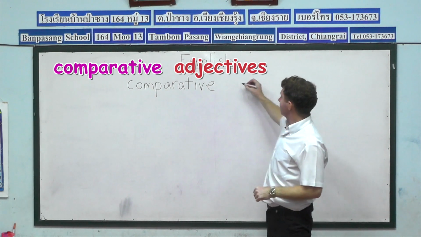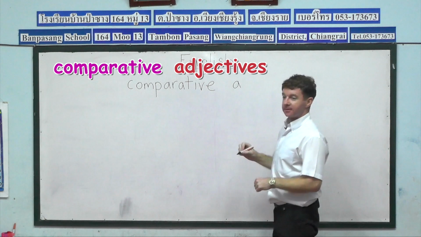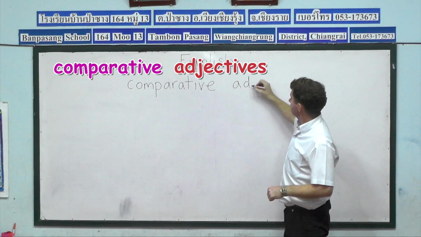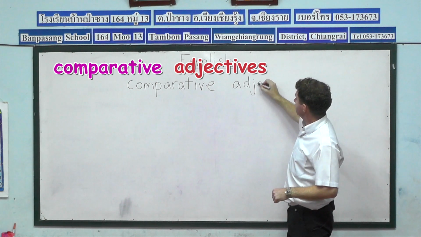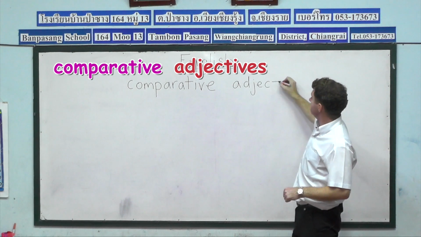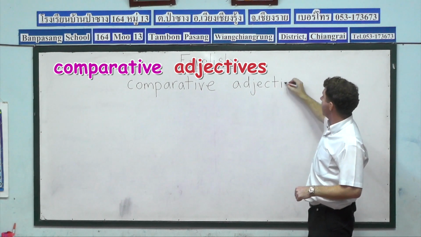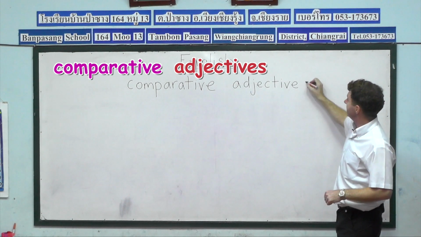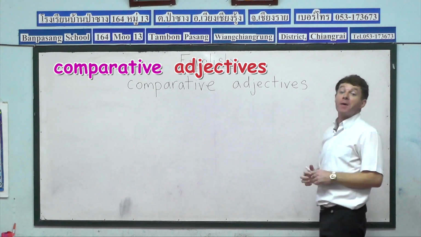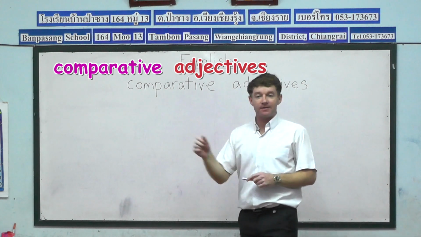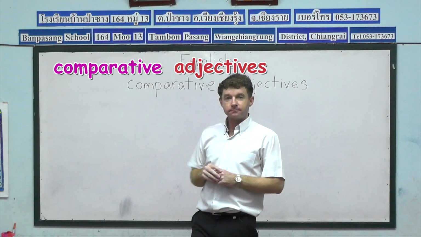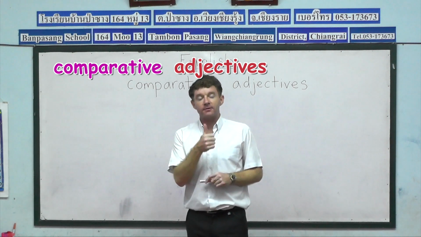So let's spell adjectives together. A, D, J, E, C, T, I, V, E, S. Comparative adjectives. Excellent, guys.